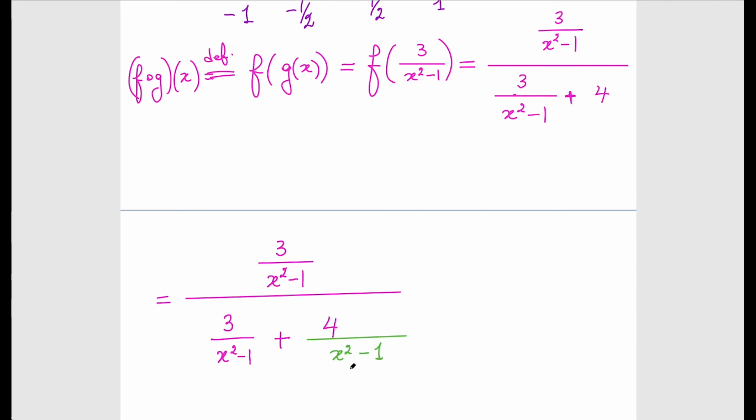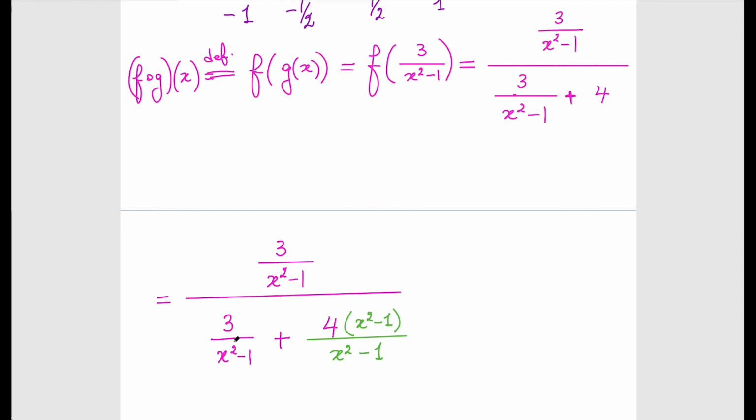And since I divided by this number, to preserve the value of this quotient to be 4, I need this entity here to remain 4. So I need to also multiply upstairs by x squared minus 1. Realize that this remains a 4 if you simplify back.